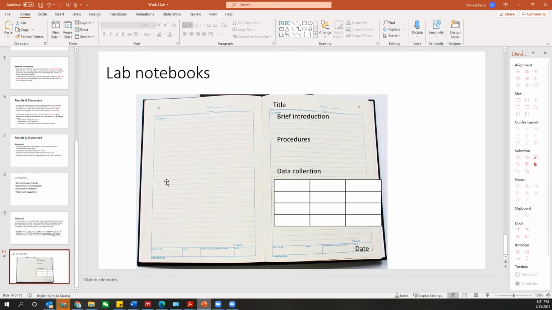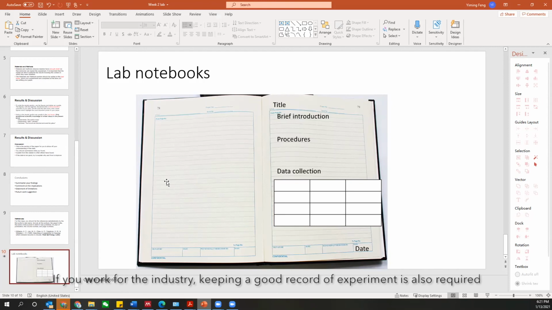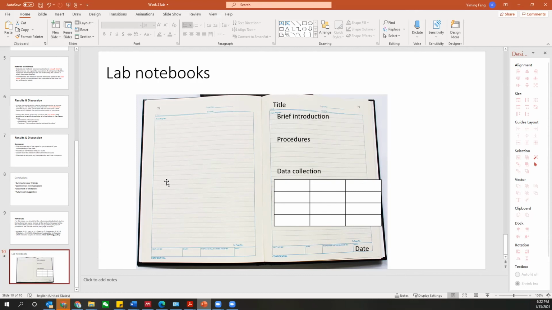If you go to grad school, your lab book will be kept in the research group even after your graduation. If you work for the industry, keeping a good record of experiments is also required. So I hope this course can help you cultivate a good habit in recording experimental procedures and data.